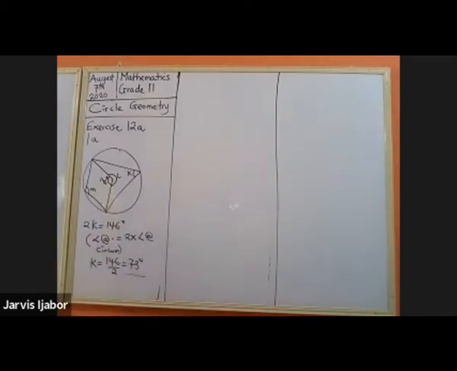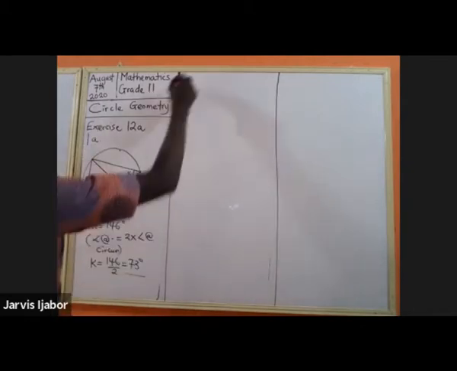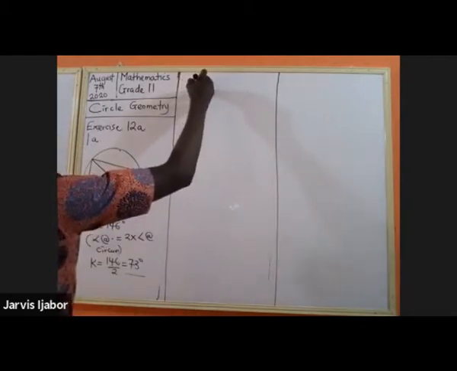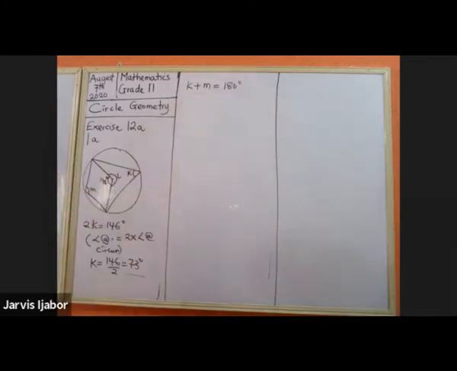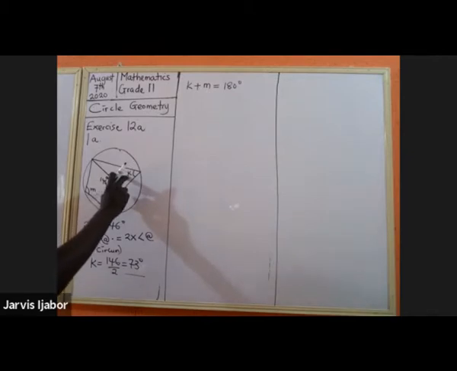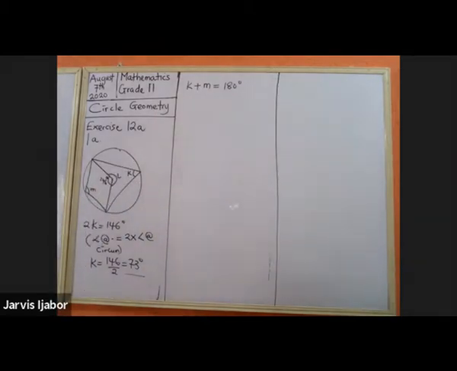Is that clear? Now, how do we get M? K plus M will be equal to 180 degrees.